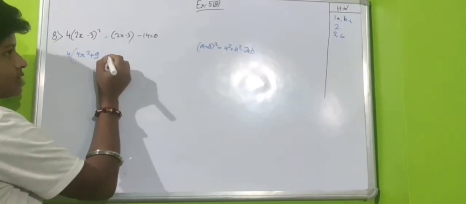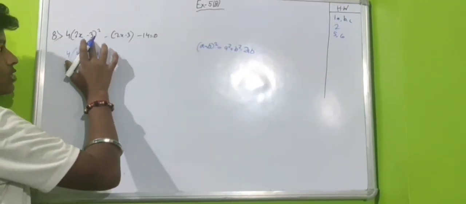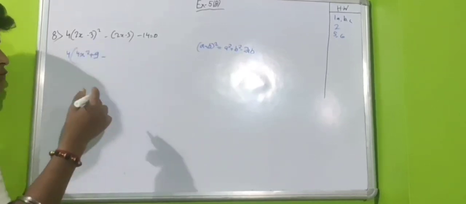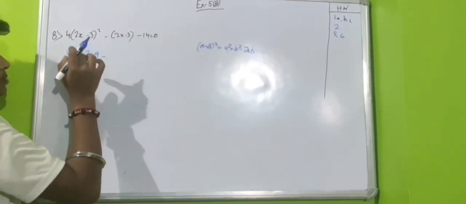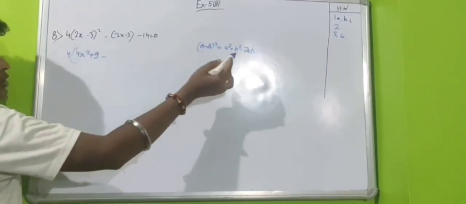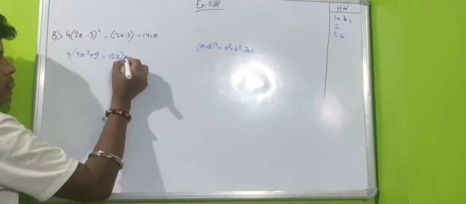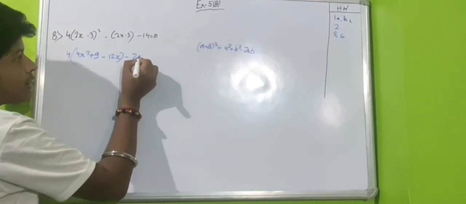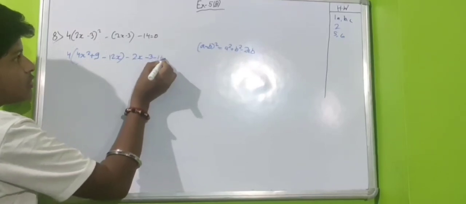Now minus 2ab means 2x into 3. We have to ignore the minus sign because the minus is already here. So 2 times 3 is 6, we have 12x minus 2x minus 3 minus 14 is equal to 0.